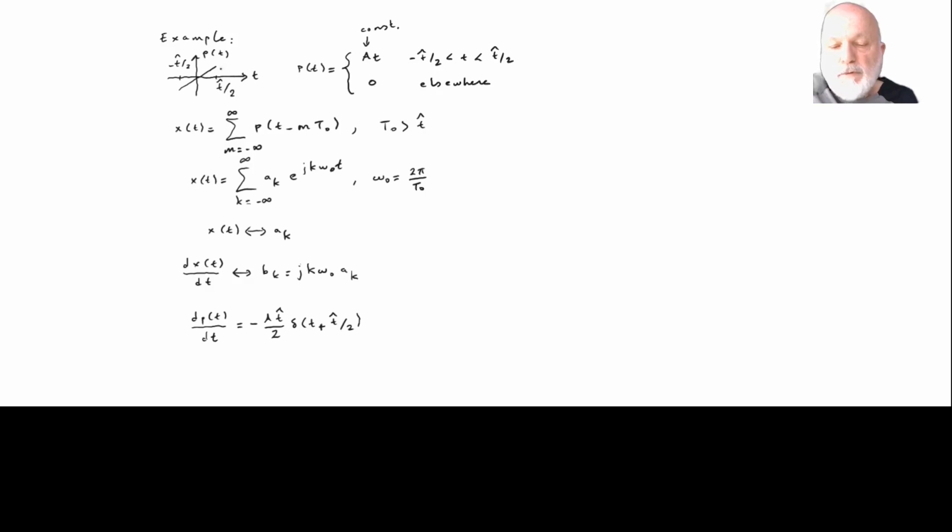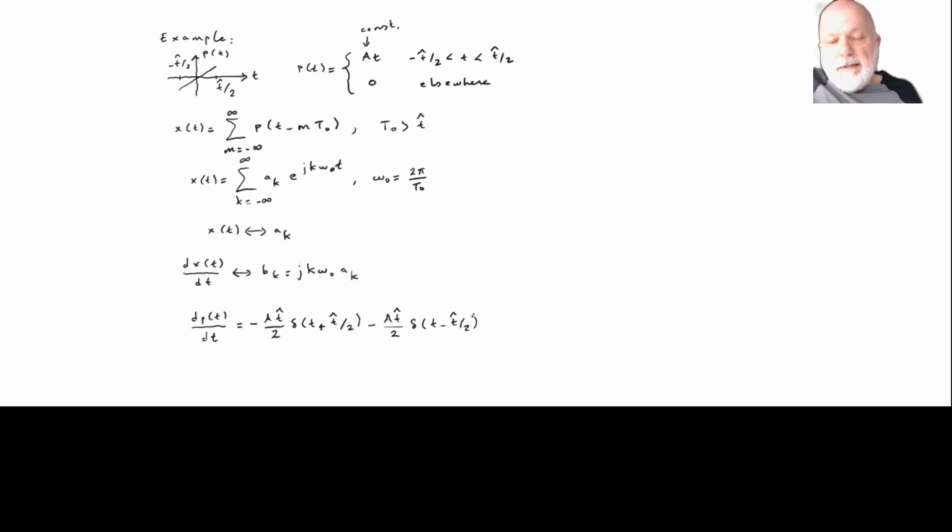At T cap over 2, again we have a jump from the value A T cap over 2 to 0, so it is again a negative jump. So we have minus A T cap over 2 delta of t minus T cap over 2.